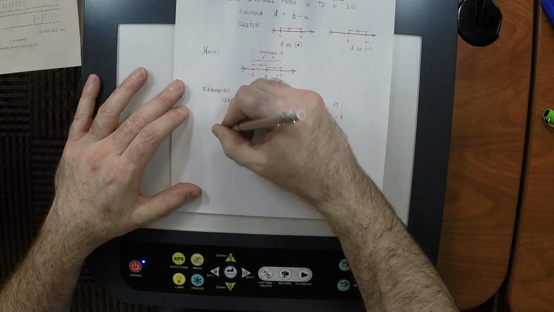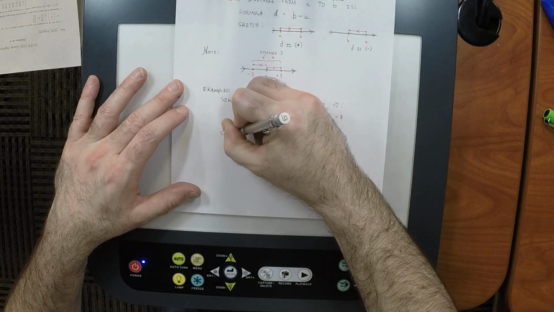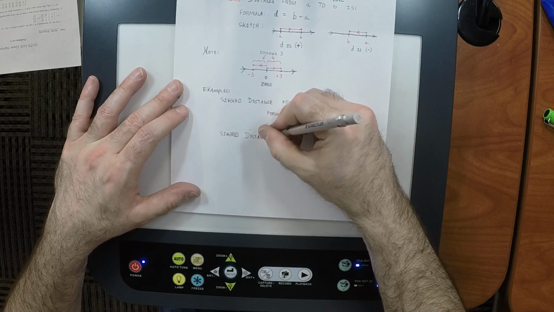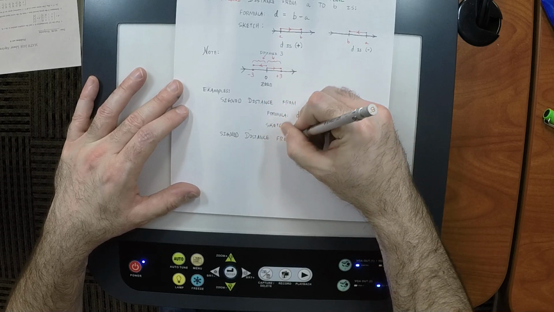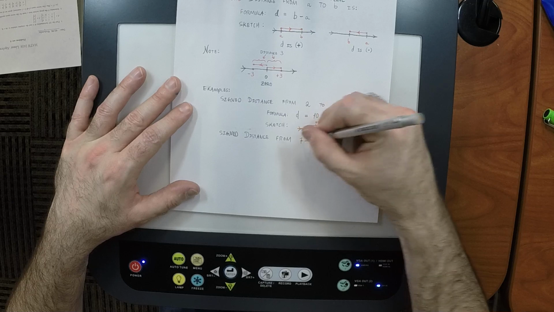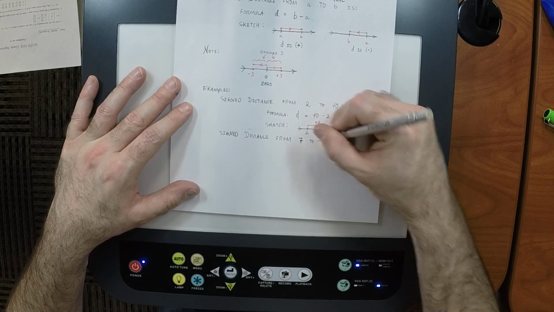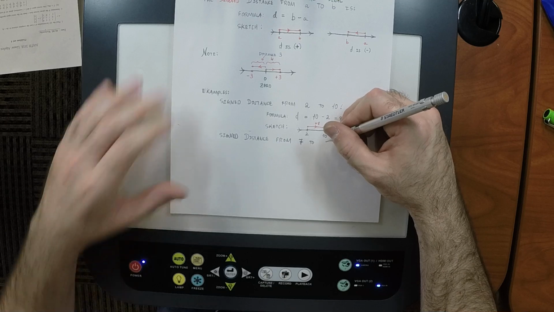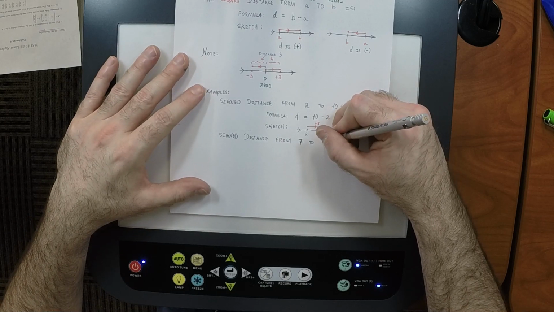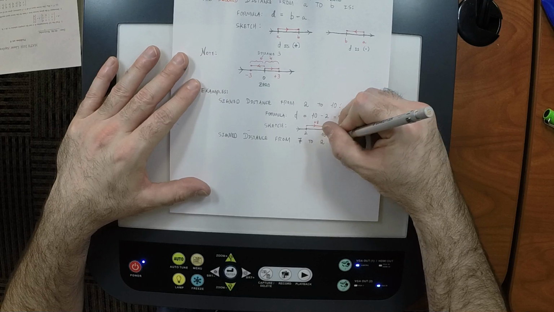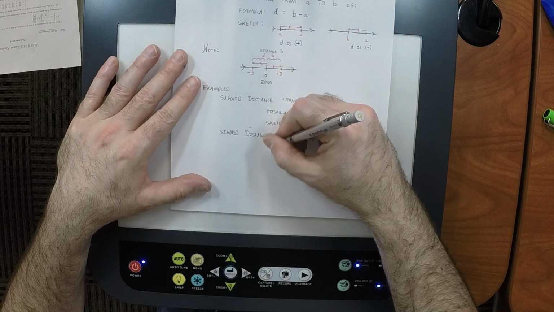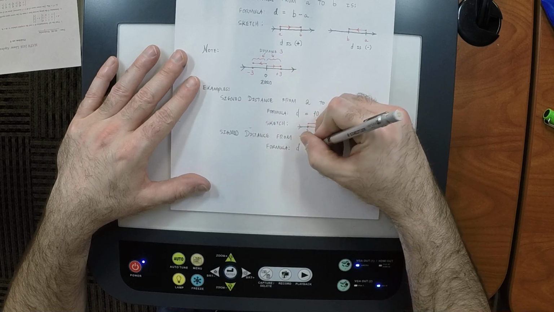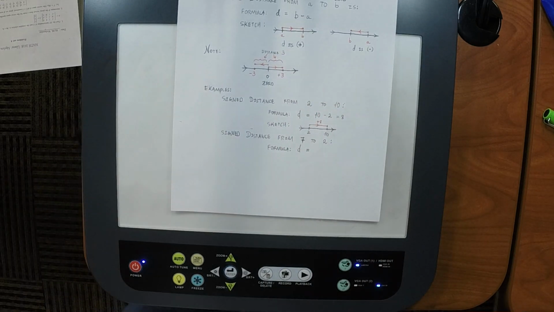Okay, whereas the signed distance from, say, 7 to 2. So the formula is D is going to be what, in terms of just the numbers?